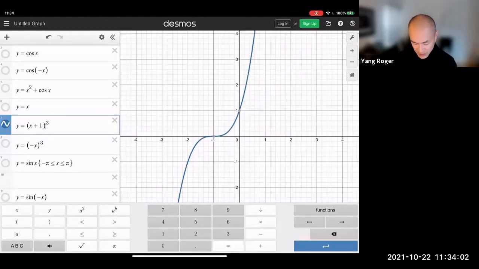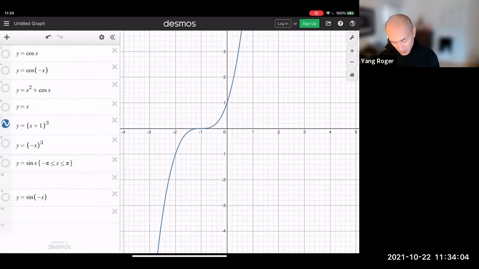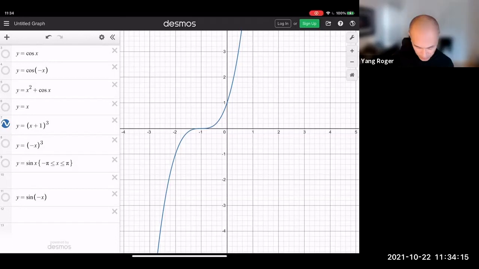Once I've shifted this away, when I rotate this graph by 180, there's no way I'm going to get the same graph. I'm going to get something really weird looking.